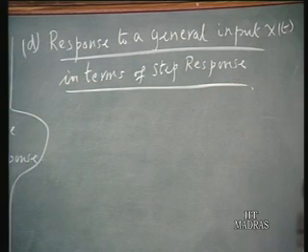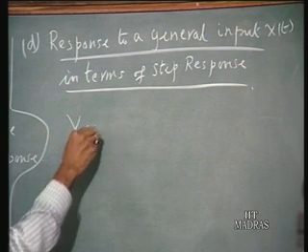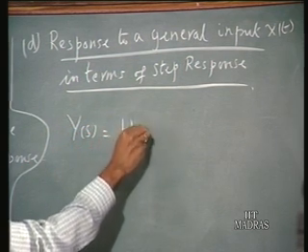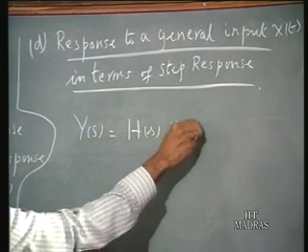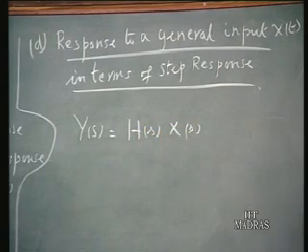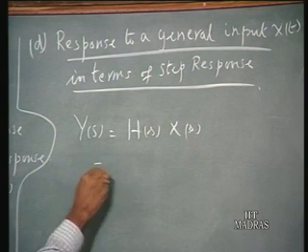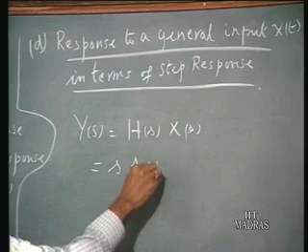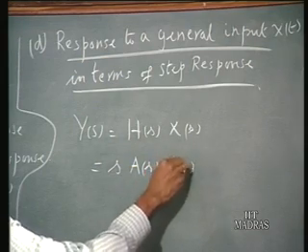Now if x(t) is the general input, Y(s) will be H(s) times X(s), which is the fundamental rule that we are having. But H(s) is s times A(s), so I can write this as s times A(s) times X(s).